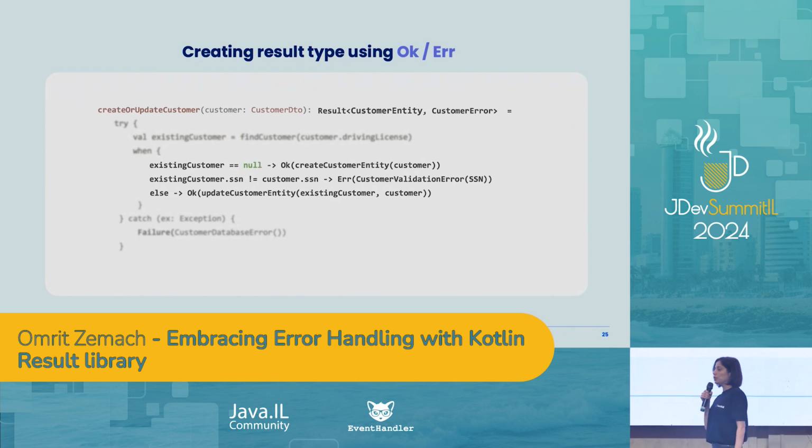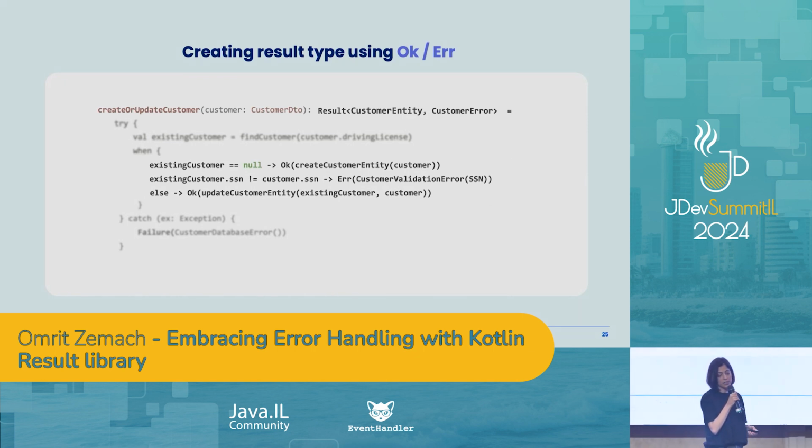So one option to use the library is to explicitly use the Ok and Err constructors. In createOrUpdateCustomer, instead of throwing an exception when we have discrepancies in the customer details, we will return a Result with the specific error, CustomerValidationError, using the Err constructor.